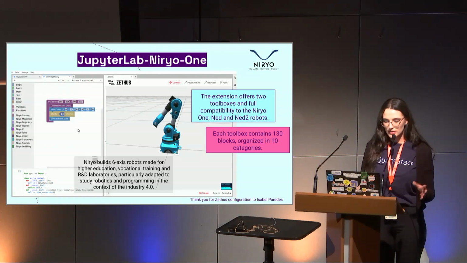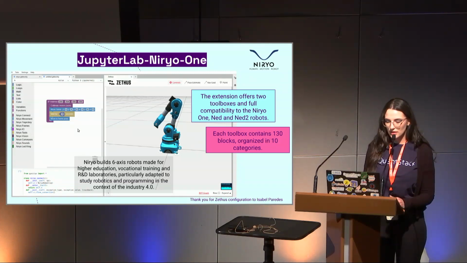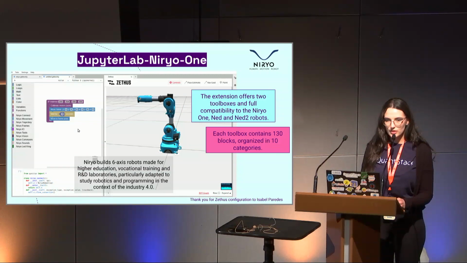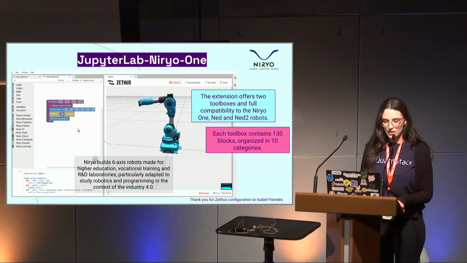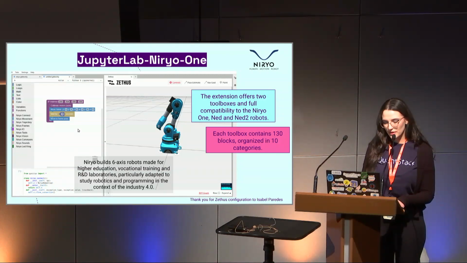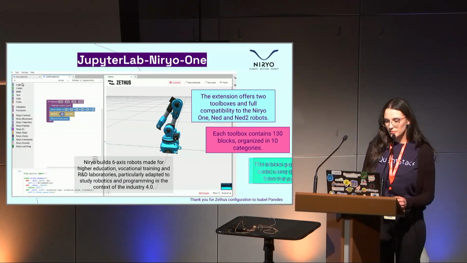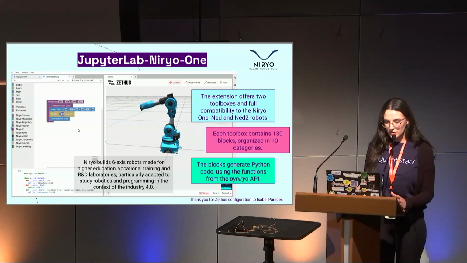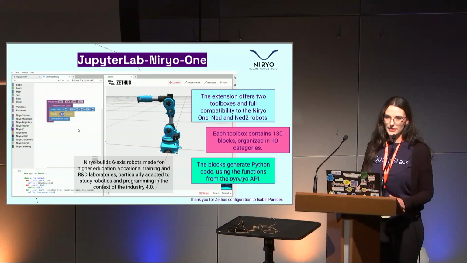So as you can see on the left side of the screen, we have blocks which not only control the movement, trajectories, and frames of the robotic arm itself, but you're also able to have blocks which control some of the other tools that come with the Niryo robot, such as the conveyor belt, the gripper, or the lettering. In particular, each block generates Python code using the functions from the PyNiryo API.